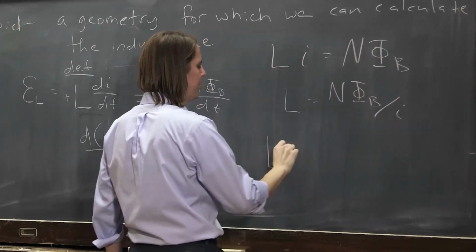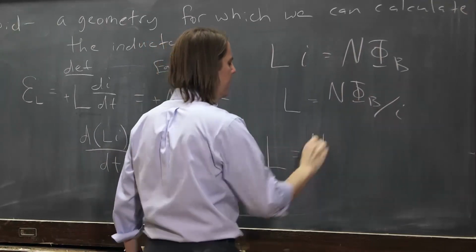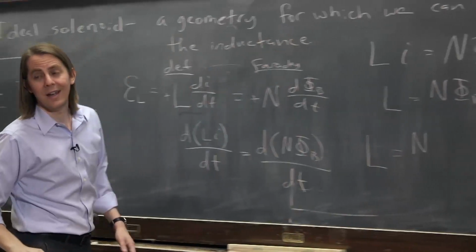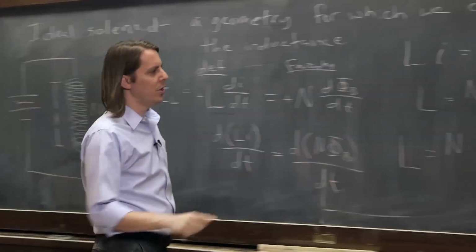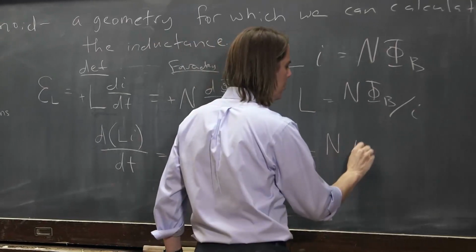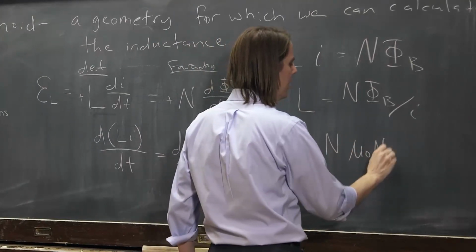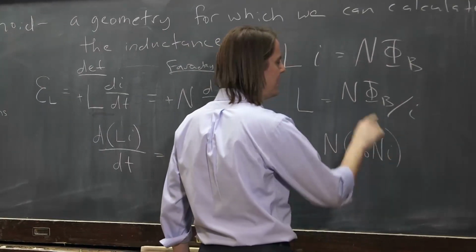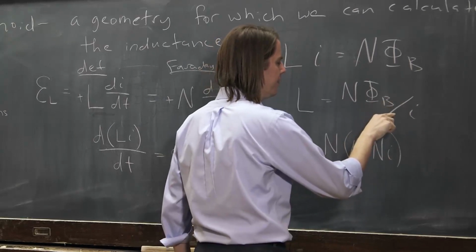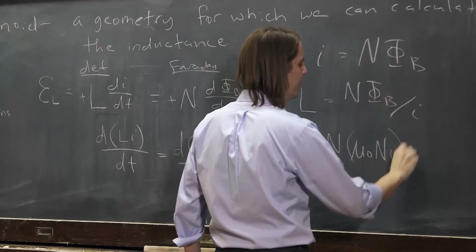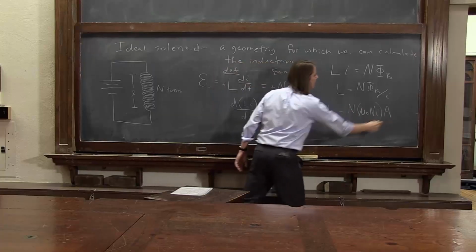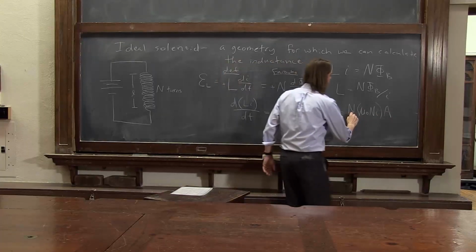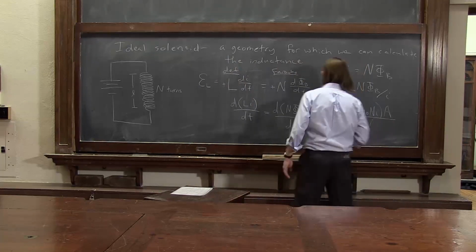And now we can think back to what we calculated for the ideal solenoid. What was its magnetic field? It was mu naught big N I, that was B, and then times the flux would be the area A. Right, so there's N B times A, and that's over I. Okay.